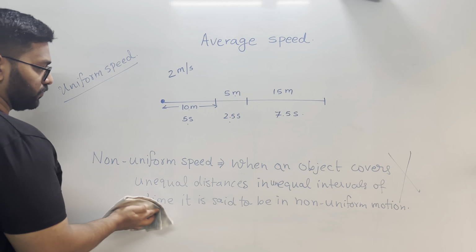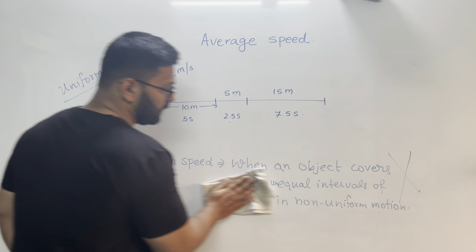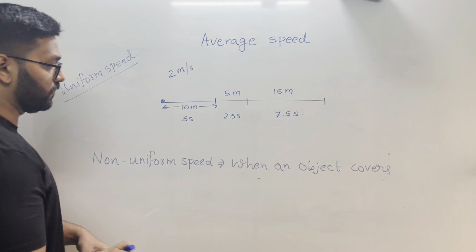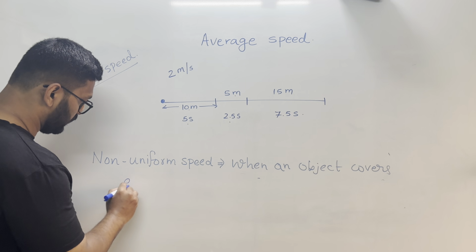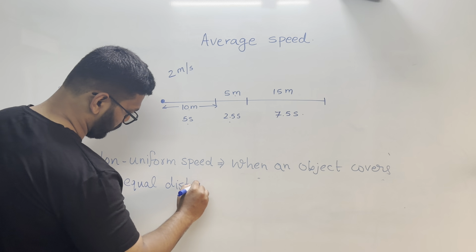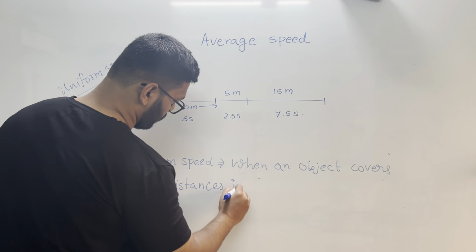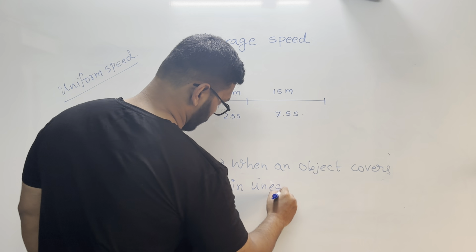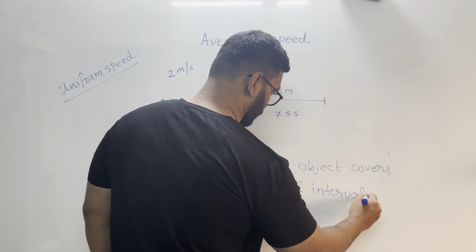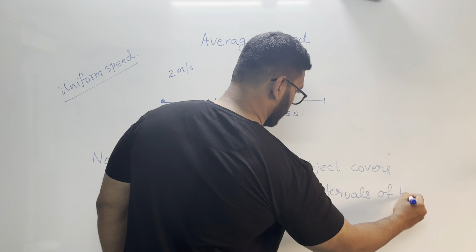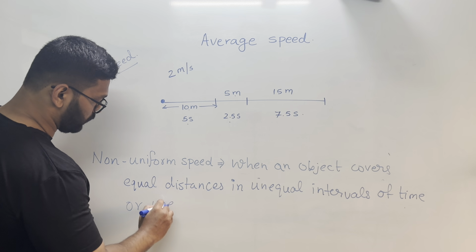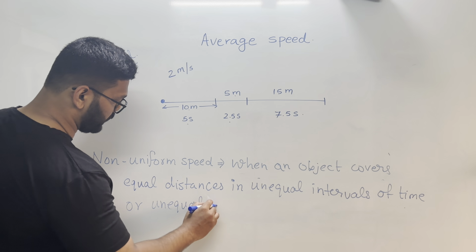So now what I am going to do is change this definition, and I will say: when an object covers equal distances in unequal intervals of time, or unequal distances in equal intervals of time.